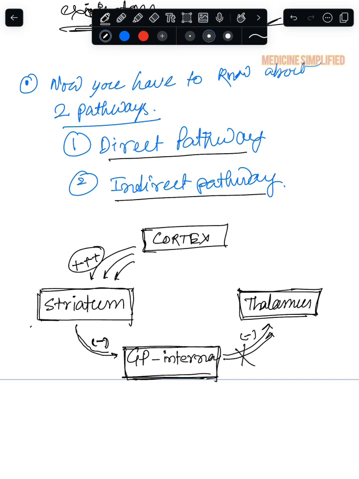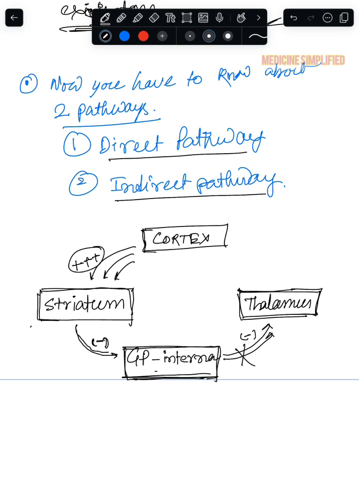Understand? Normally globus pallidus interna inhibits the thalamus, but the striatum inhibits the globus pallidus interna. How? By the stimulation from the cortex. Cortex stimulates the striatum and the striatum gets activated. The activated striatum will inhibit the globus pallidus interna.